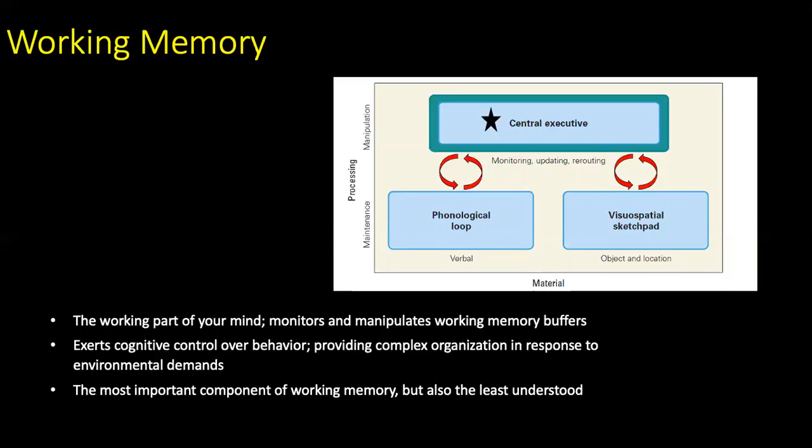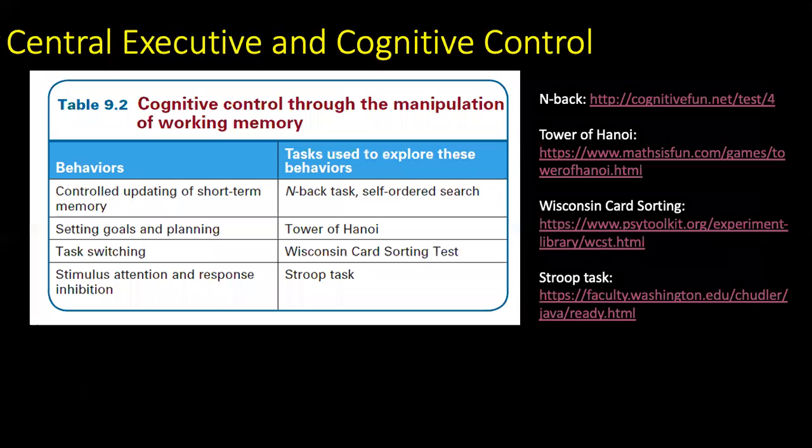So this is obviously a really important part of working memory, but it's also probably the least understood because of its complexity. And so this is where I wanted to give you examples of the different types of tests that cognitive scientists use to explore the different types of behaviors that the central executive is involved in.